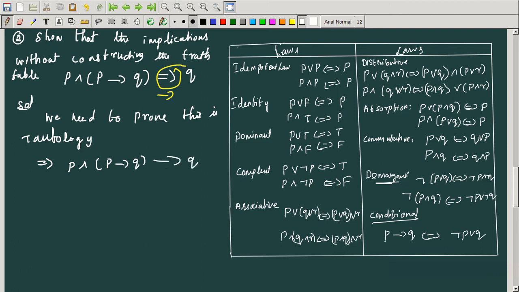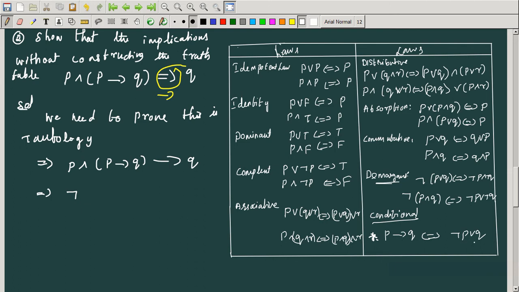For solving this, I am going to use the conditional law. We have four to six conditional laws, and this one is important, that's why I have given only one conditional statement. What does the conditional law say?